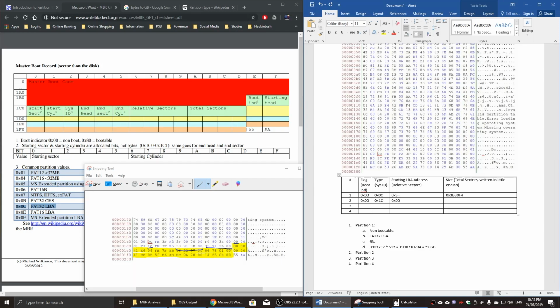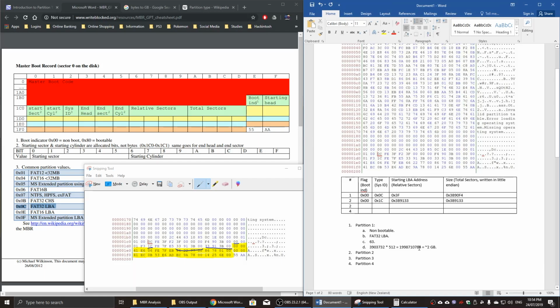And then the total sectors, which is the size, 0x00 3B 91 33. Am I seeing things, or is that the same? No, I'm not seeing things. That is exactly the same, which cuts a little bit of work down for us.